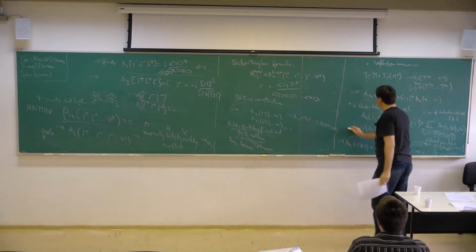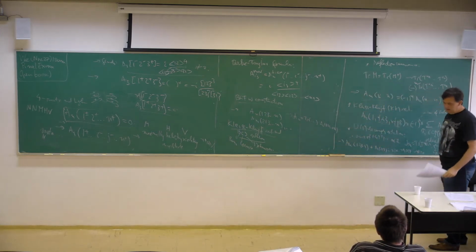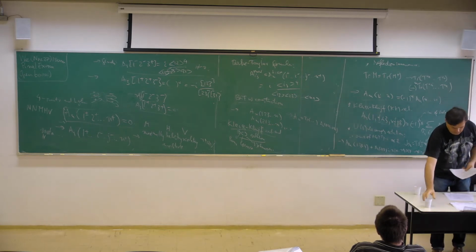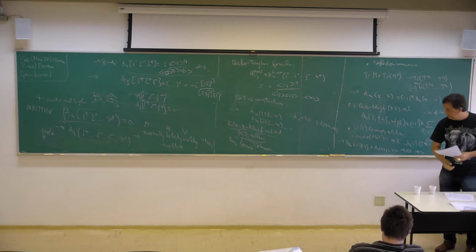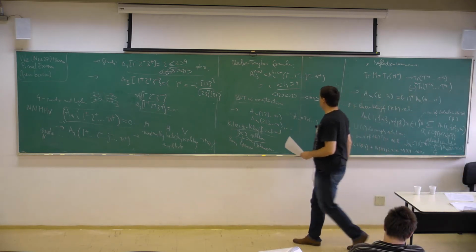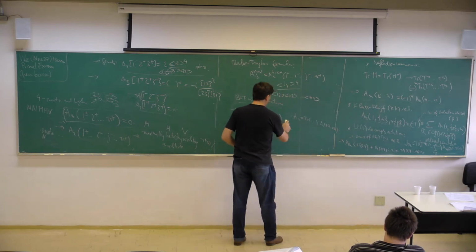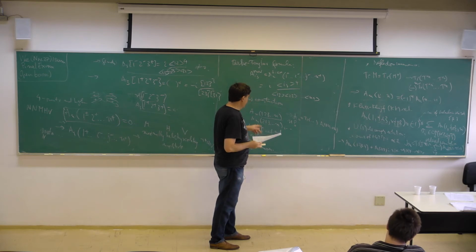Now let's try to understand how many independent objects we have. Initially, I start with n factorial possible permutations.